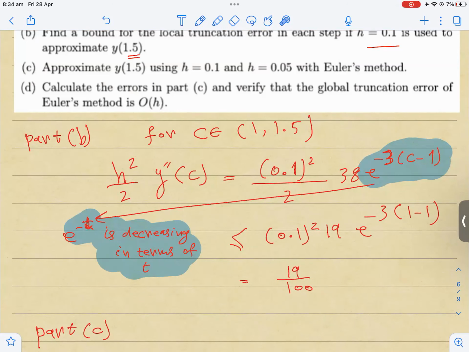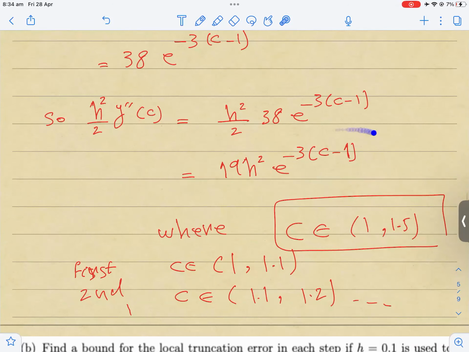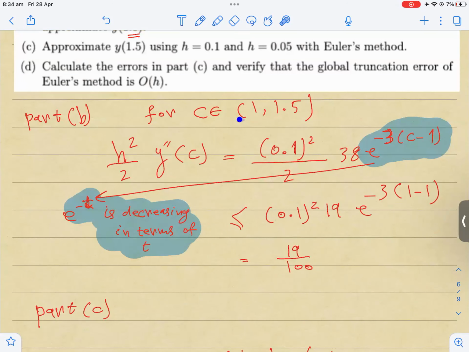The general formula for that is this guy. And the exponential, this guy here, I just stopped here. Exponential e to the minus something is a decreasing function in terms of that argument.